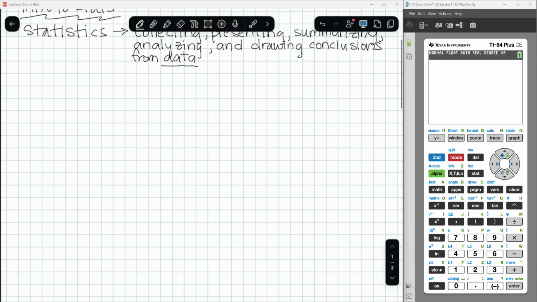The first thing you need to know is that when we collect data, data can come in two varieties. So I have some data, and I can either classify it as categorical data or quantitative data.